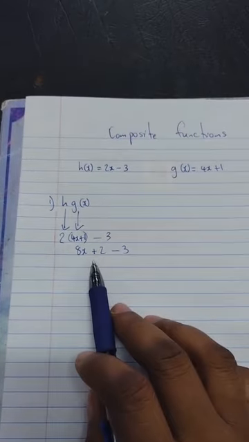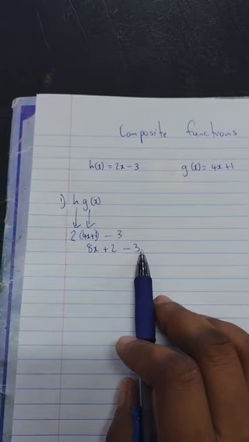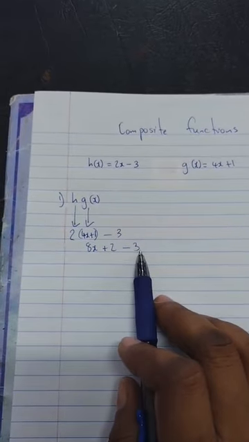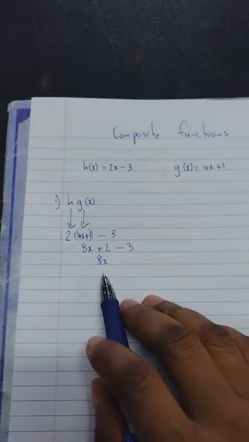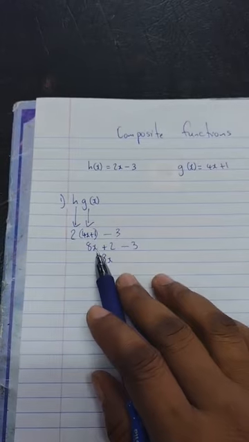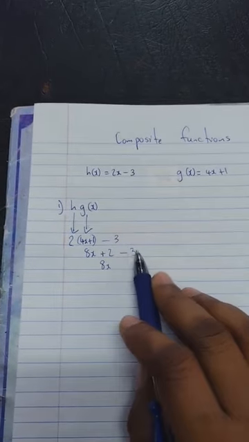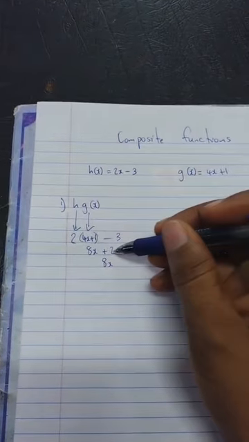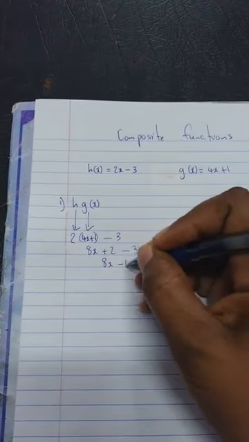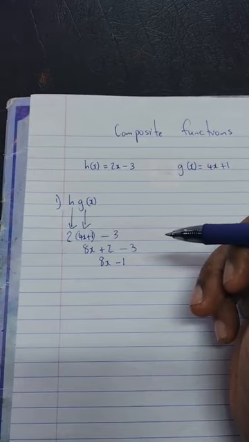Now I can still do some further simplification, because positive 2 minus 3 can be simplified since these are like terms. And so I'll get 8x. Notice I did not do anything with the 8x because this term is not alike to these two. This has x on it and these terms do not. When you take 3 from 2, you will get a negative 1 because 3 is bigger than 2.